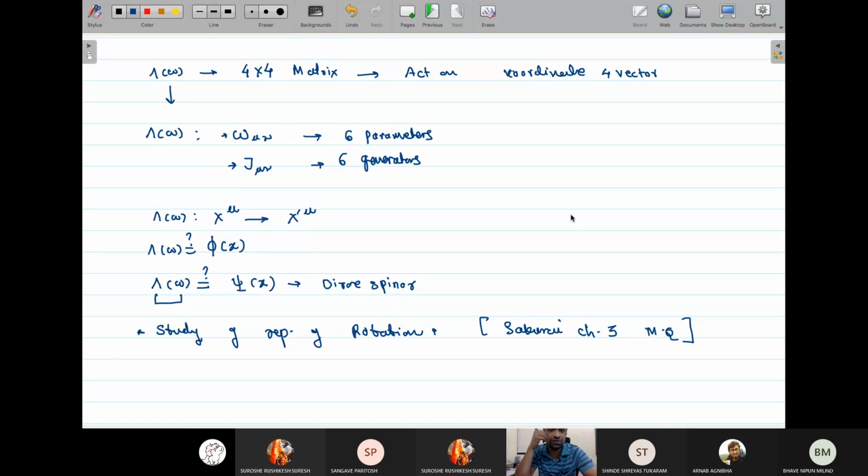So in this semester you have to work hard. After finishing this representation theory of the Lorentz group, we will move to field theory. There I will start from scratch.